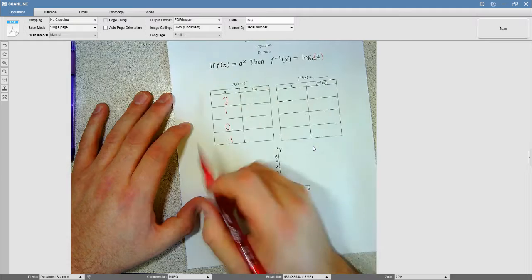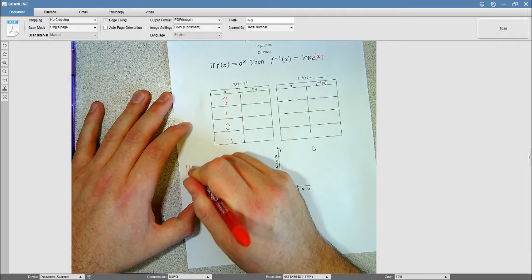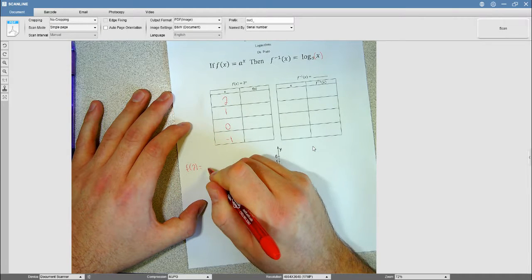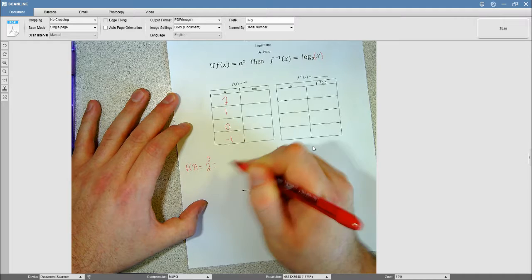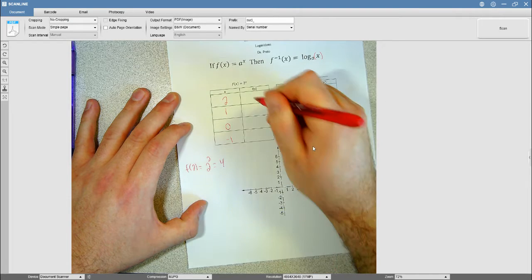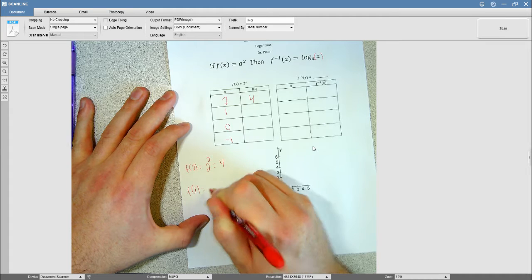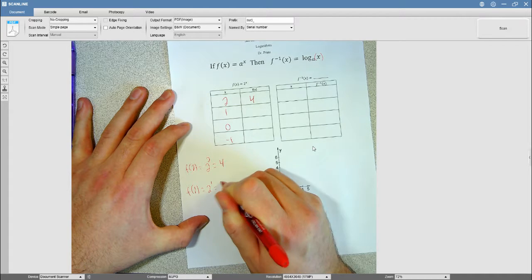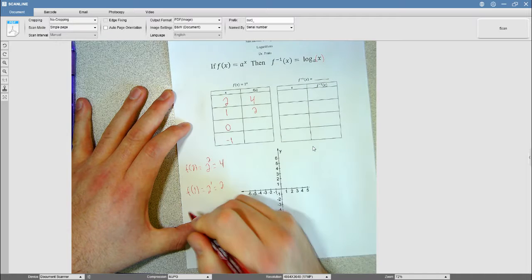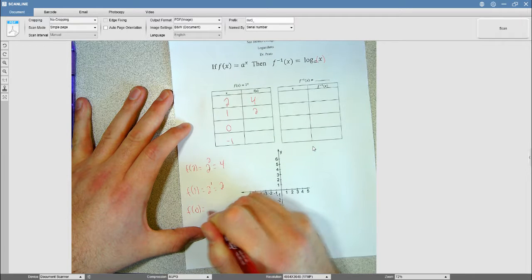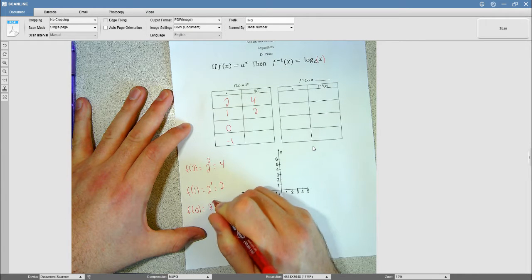So let's plug that in. What's f of 2? That's 2 to the squared, and that's 4. What's f of 1? That's 2 to the first power, which is just 2. And f of 0 is 2 to the 0th power.